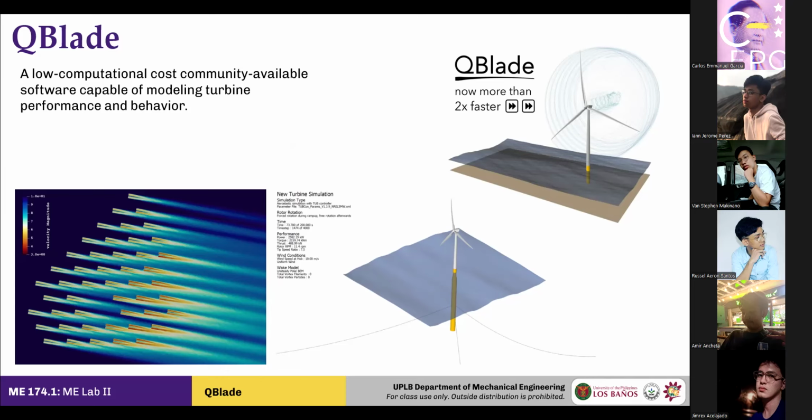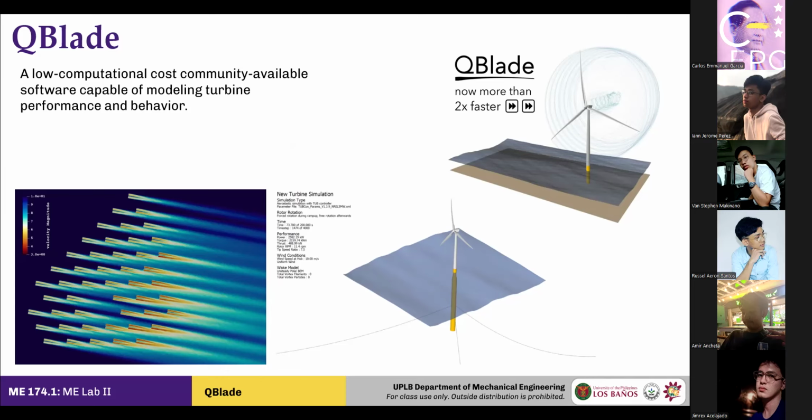So, si QBlade, this is a European sourced na community available software na iba yung ginagawa niya. Hindi niya ginagamit yung CFD na we normally associate with fluid modeling, but it uses something that's a little lighter on your software.